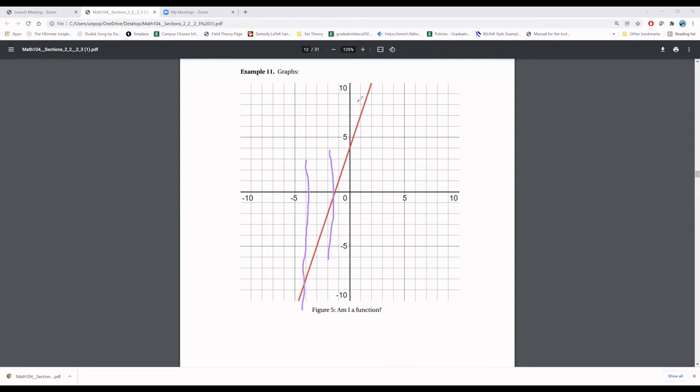I only hit it once again, every time. If any vertical line I draw through this graph only hits the graph once, then this thing is a function. As it turns out, and you may have guessed this from looking at the title screen of section 2.3, lines are indeed functions. Let's see an example that is not.